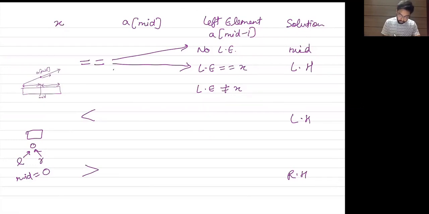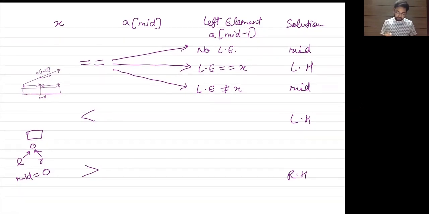And if x is equal to a[mid] and left element is not equal to x, then we can say that mid is the solution, right? So once we've analyzed all the cases, it's very easy to code now.